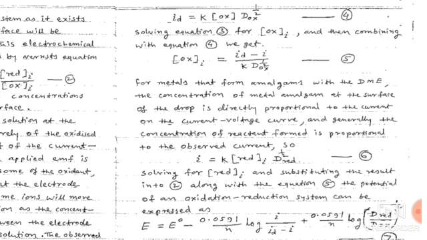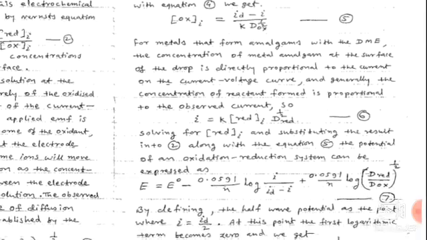Solving equation 3 for the oxidant at the electrode interface and combining it with equation 4, the concentration of oxidant at the electrode interface is equal to (i_d minus i) upon K D oxidant to the power half. This is equation number 5.